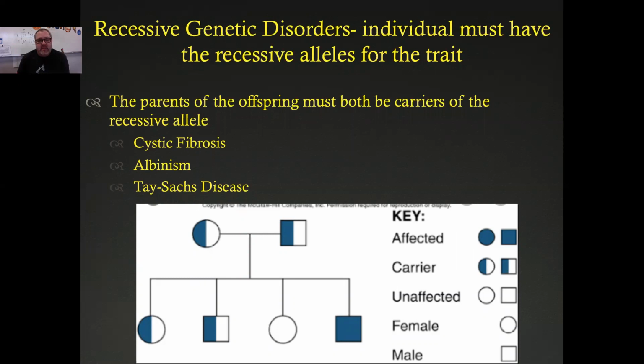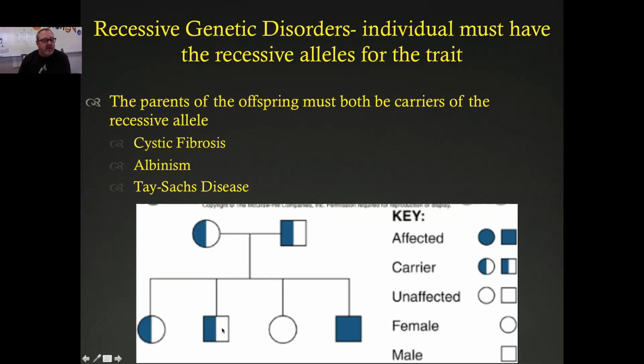Both lowercase. The parents of the offspring both are carriers in this pedigree, right? So mother is not affected by the trait. Father is not affected by the trait, but they're both carriers, meaning that they're heterozygous. Okay, they have 1 big Y and 1 little y, if that's what it happens to be. Okay, well, they have offspring. The daughter is a carrier but is unaffected.